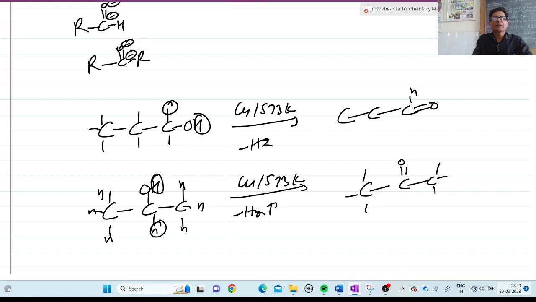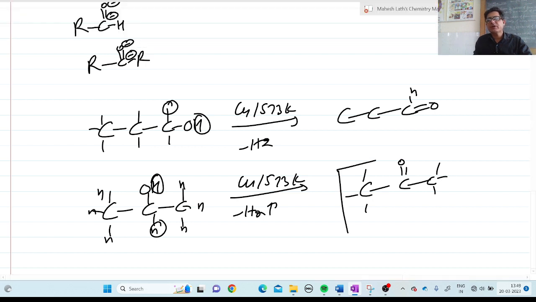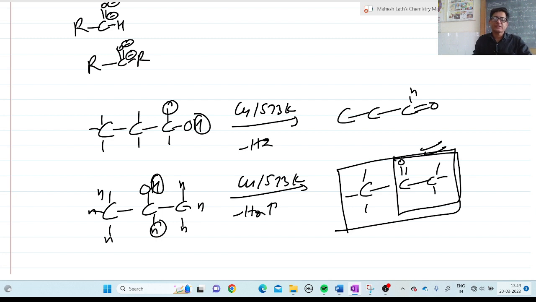So our second possibility is correct, which forms a non-reducing compound, and also there is the presence of COCH3 which gives the iodoform test. That means it reacts with iodine in presence of sodium hydroxide to form CHI3. So this was our section C.